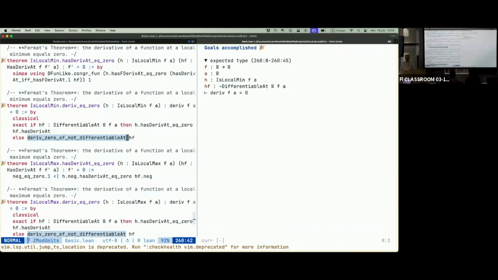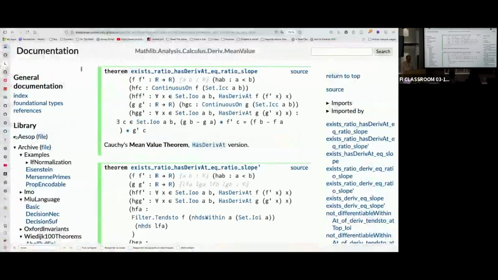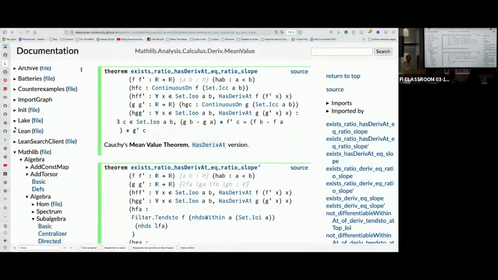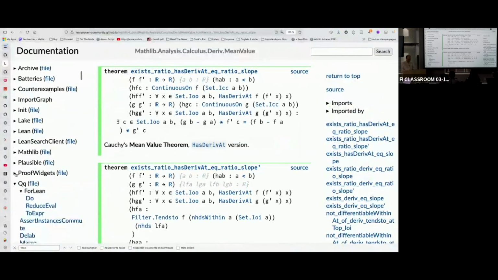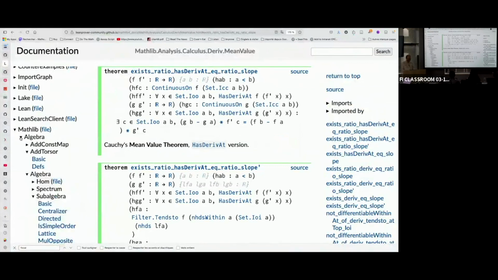What other theorem could we have a look at? Okay, so I have to guess what it is.